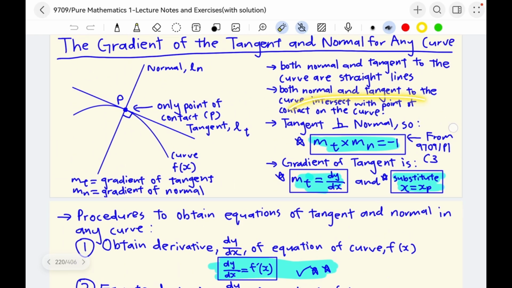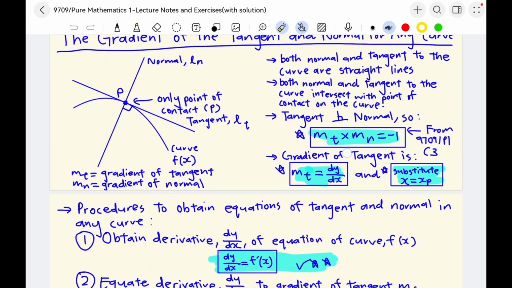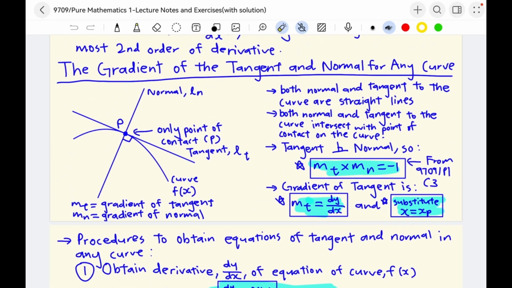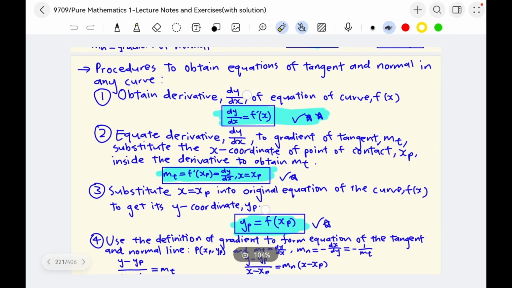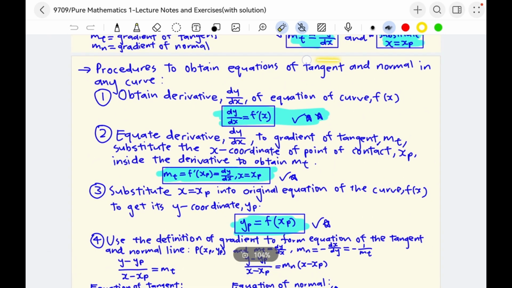But explaining here is insufficient for you to understand. Instead, we can proceed to the procedure to obtain the equations of both the tangent and the normal of any curve. First step, differentiate the equation of the curve to get f'(x).